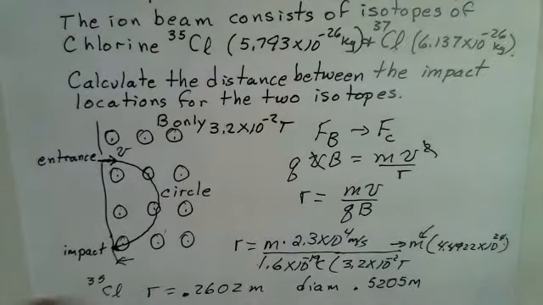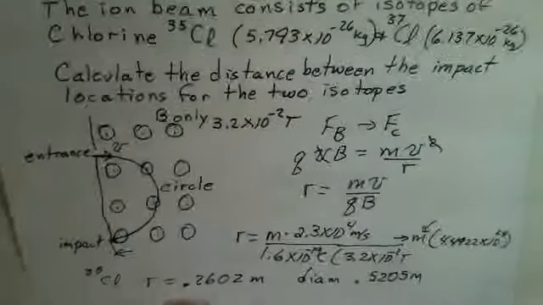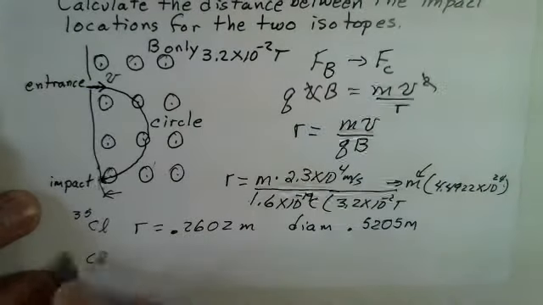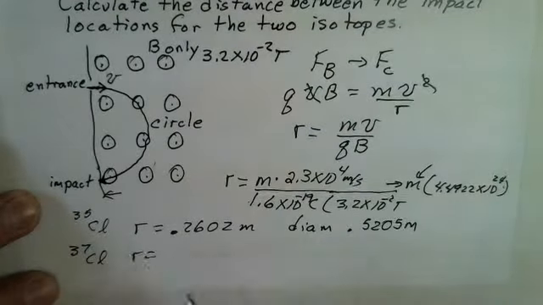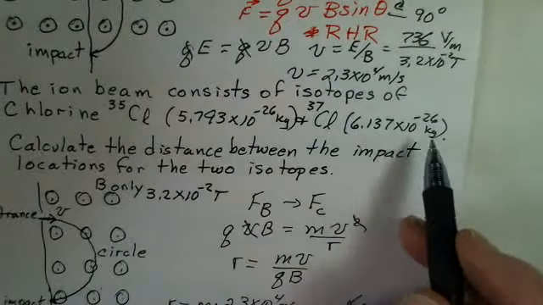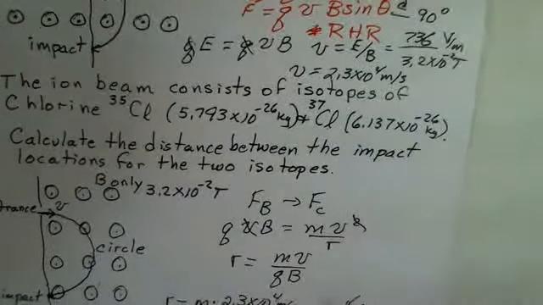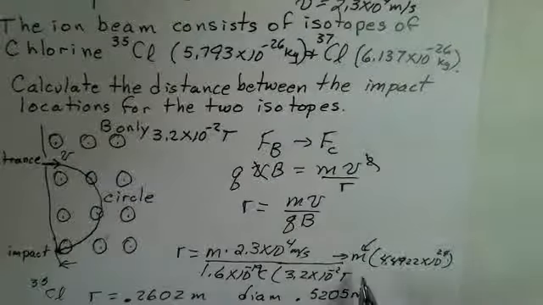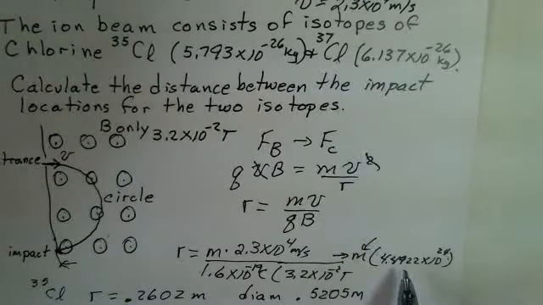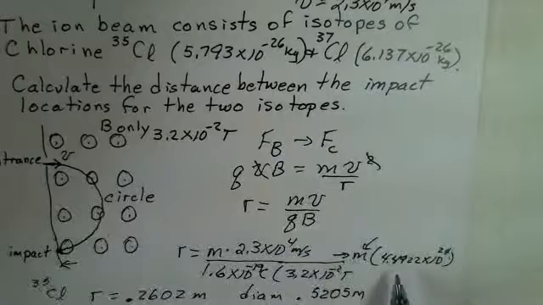Then we repeat the calculation with chlorine 37, the other isotope. Now you have to recover the mass of that isotope, 6.137 times 10 to the minus 26. Put that into the value of m, multiplied by the pre-done evaluation of velocity divided by Q divided by magnetic field.